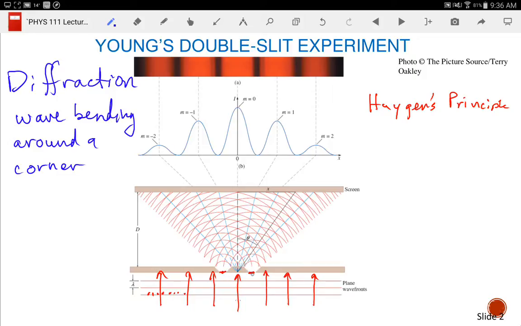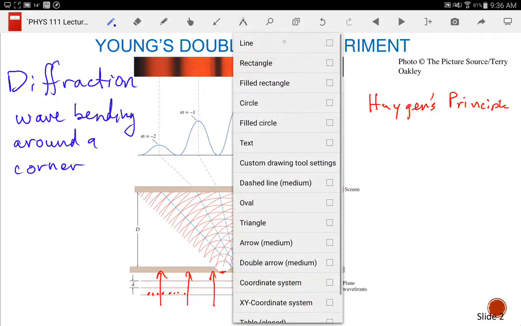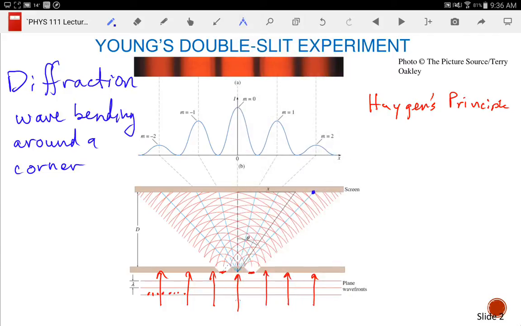Well, because I have two slits, I'm going to have different path lengths. So let me just choose a location, and I will happen to choose this location here. And if I draw a line from the center of each slit to that location, those lines aren't the same length.